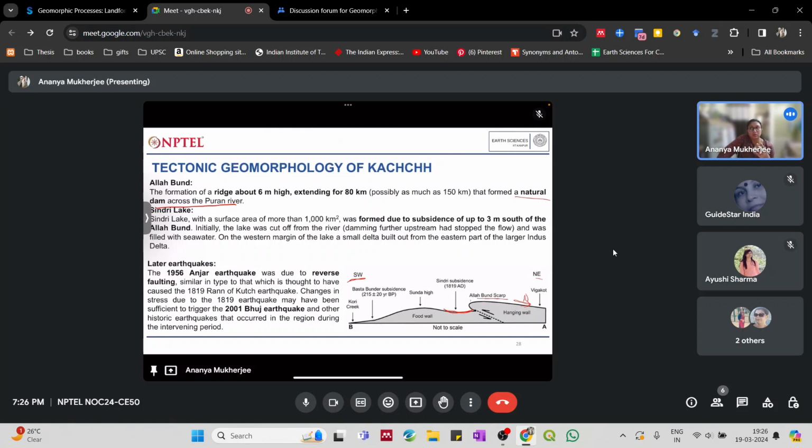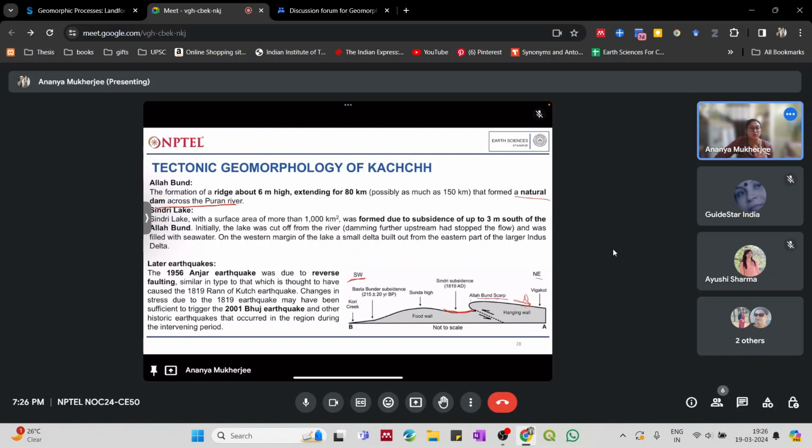So this is one of the big dynamic changes that we see in the landscape caused due to tectonic activities. Intraplate tectonic activities cause such drastic changes on top of the surface in the area, and there is no other control over the geomorphology now.